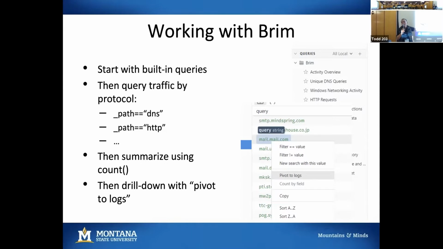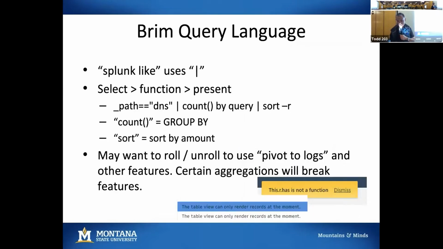There are multiple functions that allow you to do different things, like you can sort. You can drill down, you can pivot into the logs if the logs are available. There's lots of things that you can do, and that's only possible because of the way they store the information using these data lakes. So it's really cool technology.